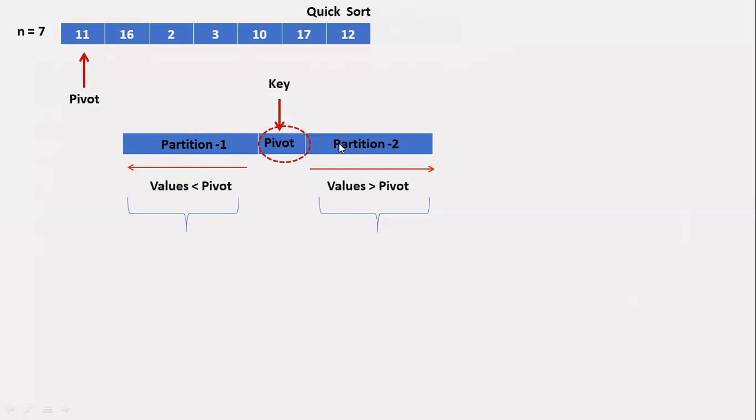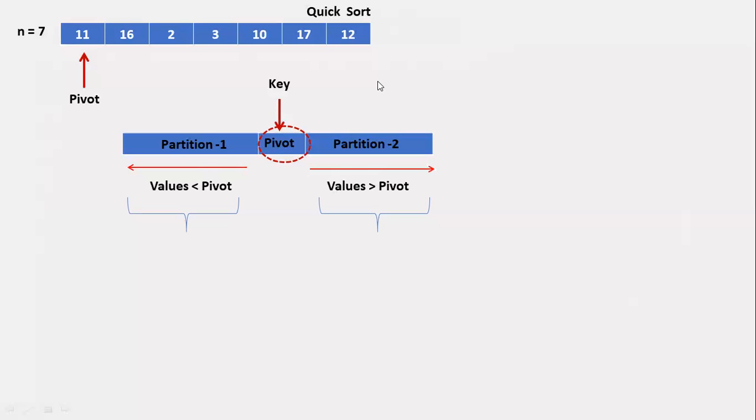And the values in partition 2, that is the right side, are greater than the pivot element, but there is no guarantee that these values are in the sorted order. So neither these elements nor these elements are in sorted order; that guarantee we cannot give.